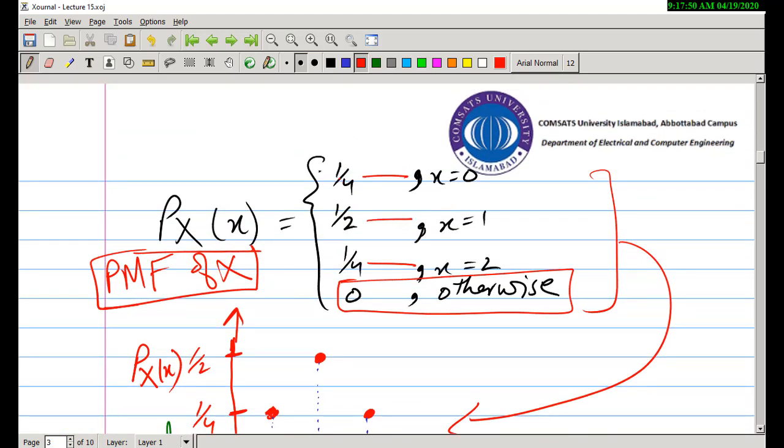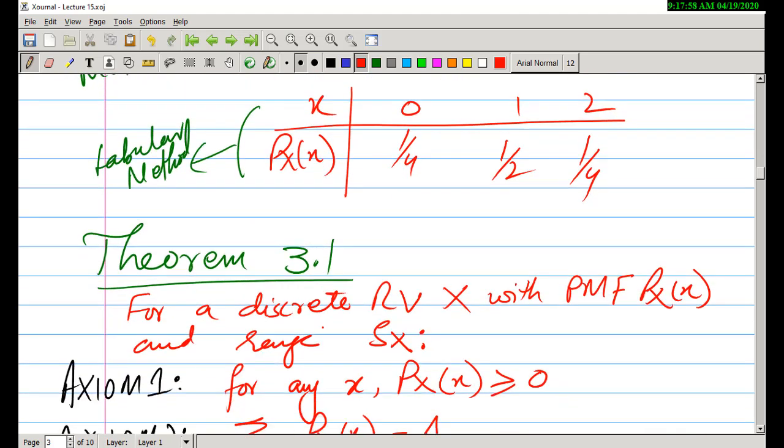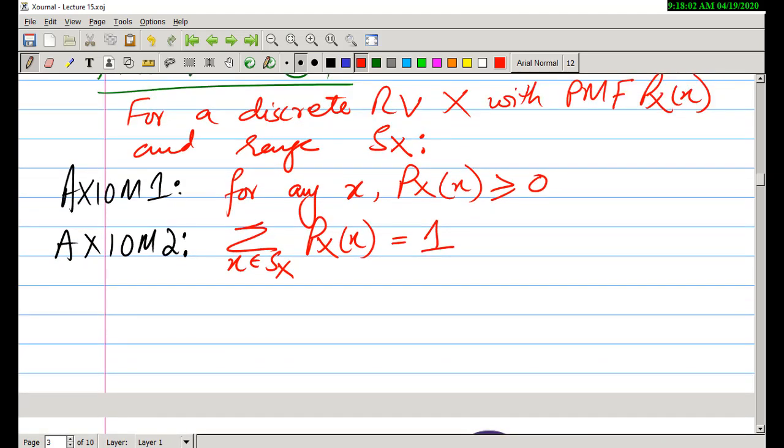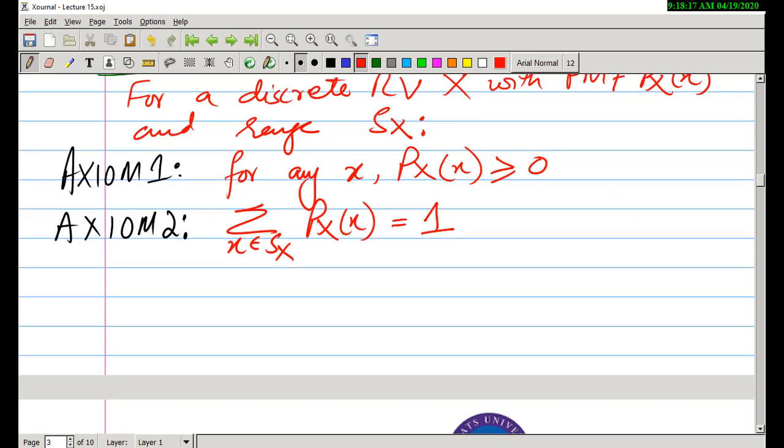We have these probabilities 1 by 4 plus 1 by 2 plus 1 by 4, and they sum up to 1. So the second axiom is fulfilled. So that must be true. This is the same interpretation that we have done: the probability of anything cannot be greater than 1 or less than 0. It cannot be negative and cannot be more than 1.